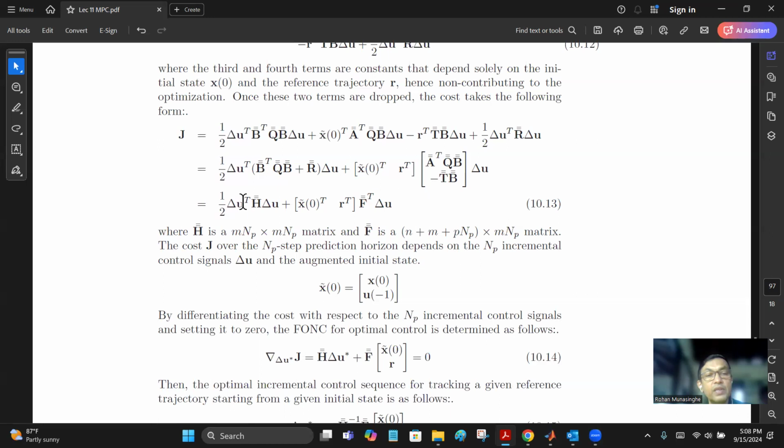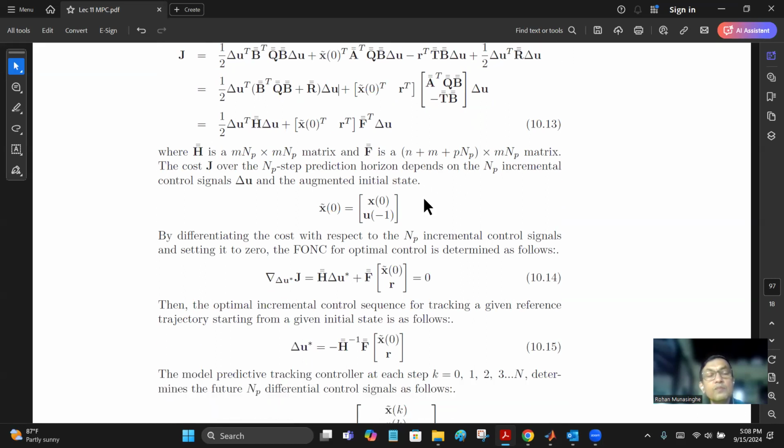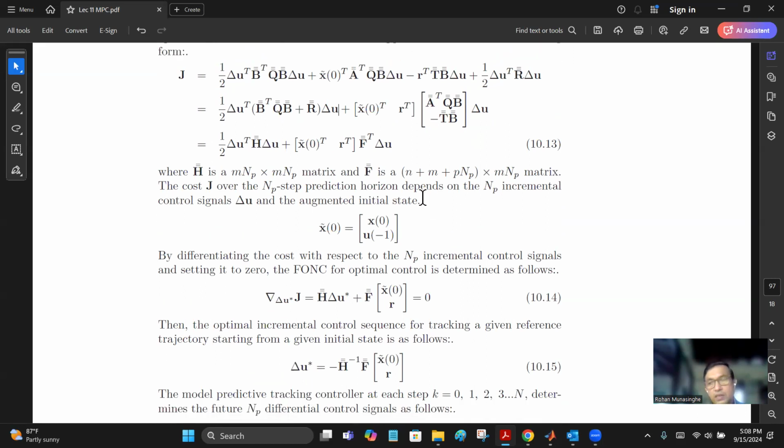So we write it like half delta U transpose H double bar delta U. Then the other 2 terms are combined together in this format: X0 transpose R transpose as a row vector here, and then the column as A double bar transpose Q double bar B double bar, and minus T double bar V double bar, and that is F double bar transpose delta U. Now we see some similarity over here. The transferred system, right?